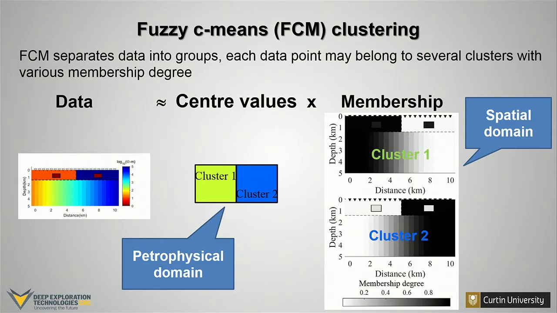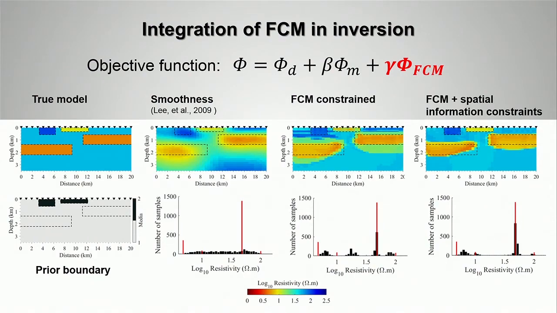That means if we integrate fuzzy C-means into the inversion process, we can constrain both structure and physical properties in the inversion. To do that, we add the fuzzy C-means clustering constraint term into the conventional objective function of inversion, including misfit and structure terms.